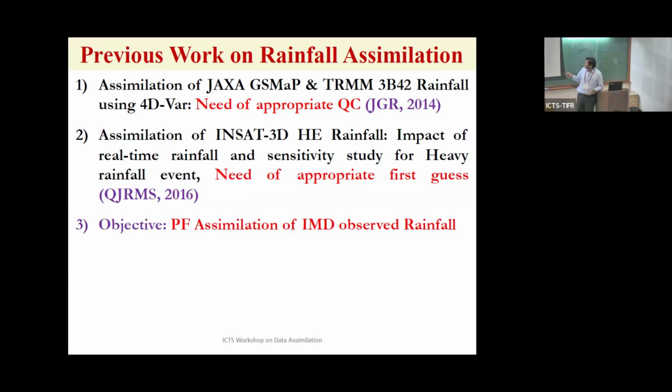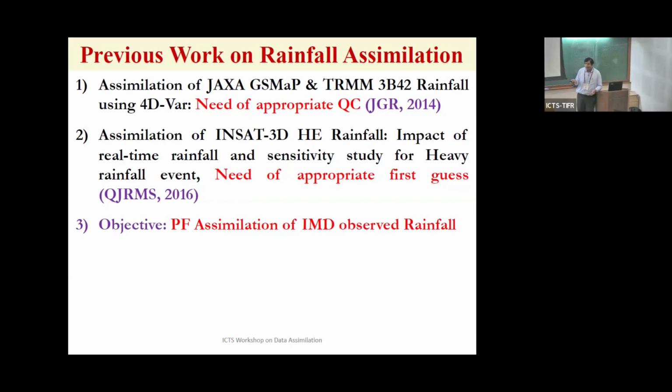In an earlier experiment, I tried to assimilate the rainfall from satellites directly, like from INSAT or JAXA. They provide a merged type of rainfall product, which we normally call gauge adjusted. Gauge adjusted means that a merged rainfall is generated using infrared and microwave sensors, and they corrected the rainfall, mostly over land, using the rain gauges. So in general we consider this merged or gauge adjusted rainfall as a standard product.